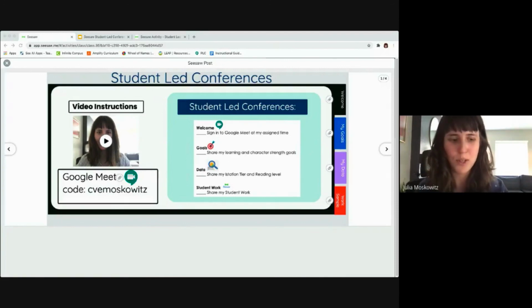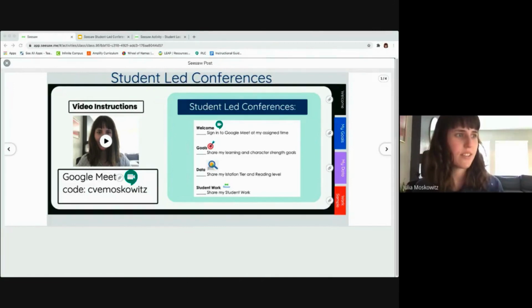And afterward, after I stopped recording, the mom and I were talking, and she said, I'm really happy that I could see the work because I look at it on the family app, but I don't always pay attention to it. So it was great to learn about the book that they were reading. And I think it can be really powerful for students to actually have time to share what they're learning with their parents.